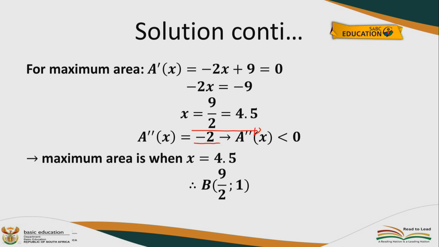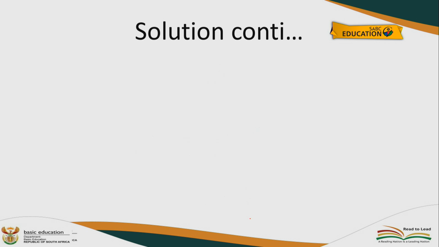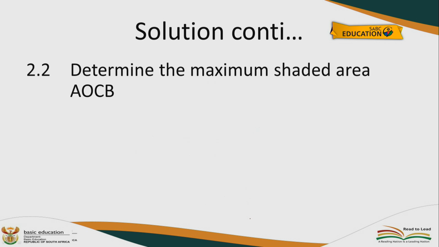So we substitute x as 9/2 in the expression -2x plus 10, and we are going to get 1. So it means that the coordinates of B will be 9/2, 1.